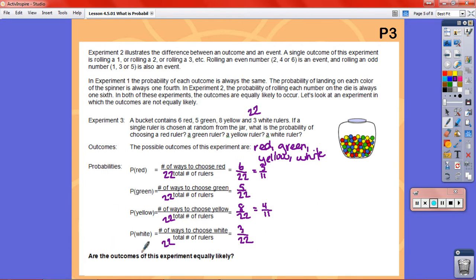Okay, so are the outcomes of this experiment equally likely? Well, no. As a matter of fact, it's most likely you'll draw a yellow ruler than any other ruler, and the least likely one is a white ruler.